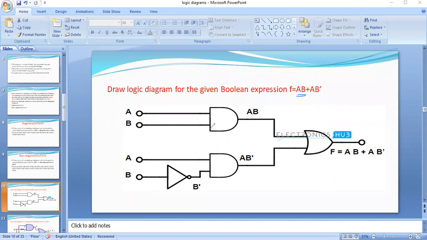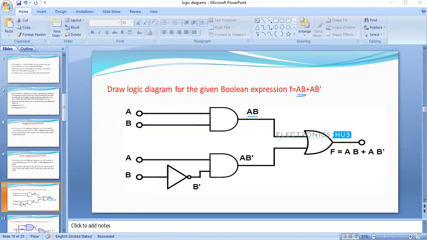For the AND gate, if you give inputs A and B, the output of the AND gate is AB. And the next one is A dot B bar. Here also we have the dot operation, so we have to use an AND gate.